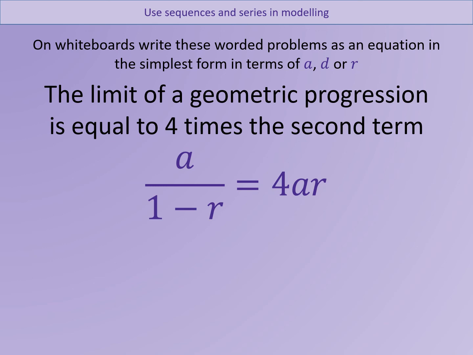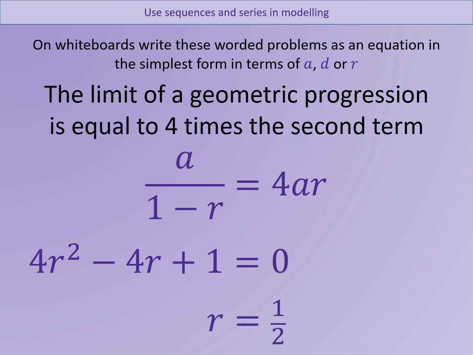We can multiply both sides by 1 minus r. We can also divide by a, assuming that a is non-zero. Multiplying this all out gives us a quadratic in terms of r. We can go further to solve this, giving us a value of r equals a half.